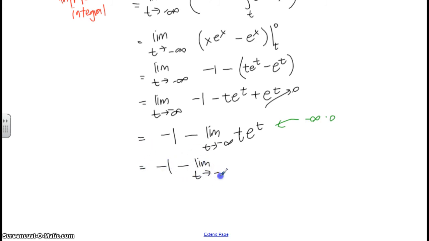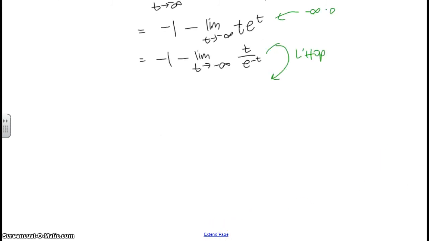L'Hopital's rule you have to apply to a fraction, so I'm going to put t over e to the negative t. Right here, from here to here, I should say, I am going to apply L'Hopital's rule. And then I will get the negative 1 minus the limit as t approaches negative infinity of 1 over the derivative of this, which is negative e to the negative t.